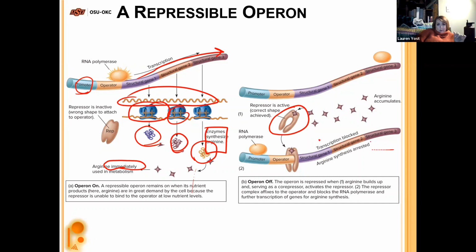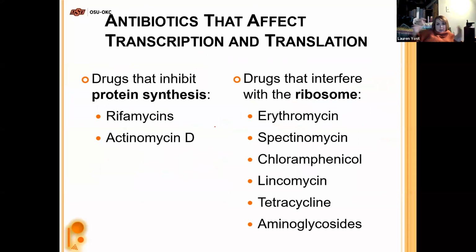So we will stop making the enzymes that make arginine. So that is how we control how much arginine we'd be making in that repressible operon. So that's usually, like we said, anabolic reactions. So we're making arginine. So we're making something.